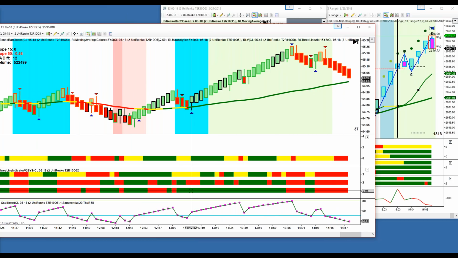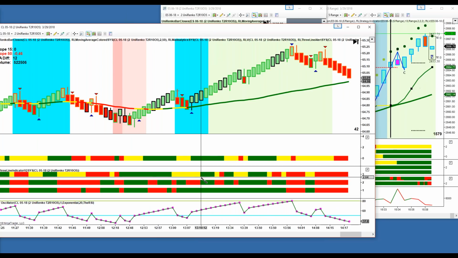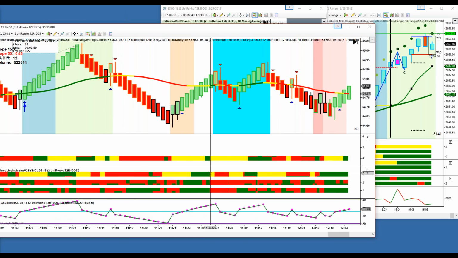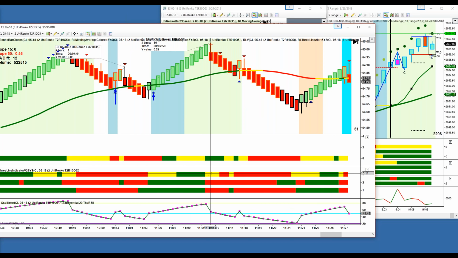Here's where the MACDs of the higher time frames cross the signal line. But you'll notice, let me find it. Here, the 2 higher time frame MACDs cross the signal line when the 3 line goes green.